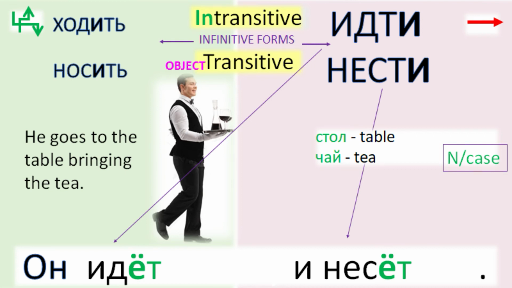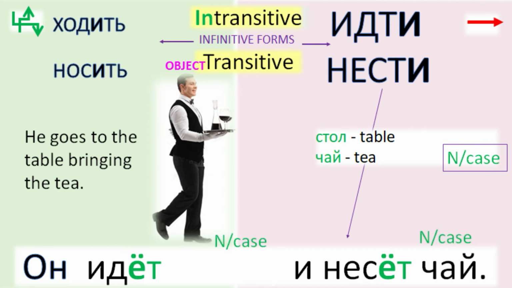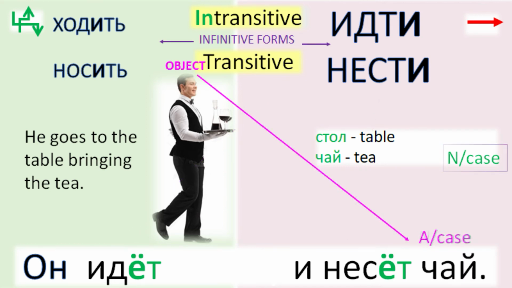And this is obvious from logic, since the subject cannot perform an action at the same time in different aspects. Несет is a transitive verb which requires the object in the accusative case. Чай is in the accusative case.